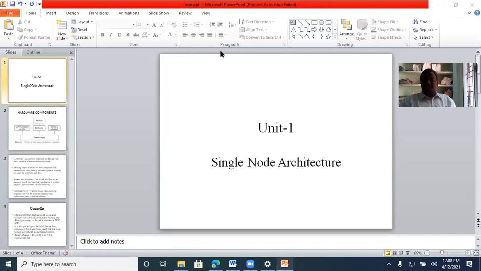But actuators work in the reverse strategy: with the help of some input, it will provide some mechanical action. So sensor and actuators work oppositely.